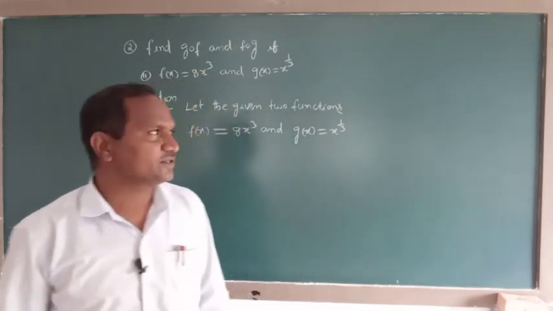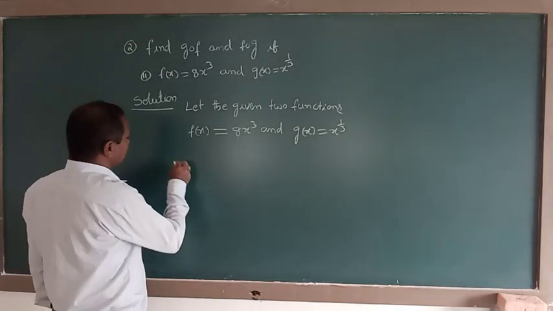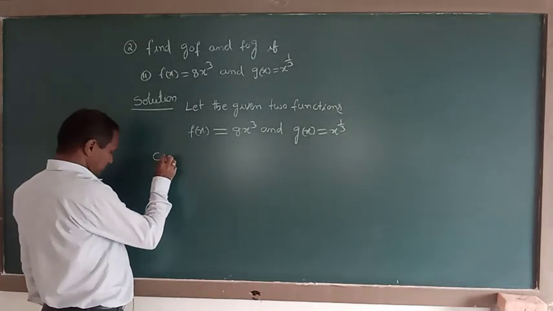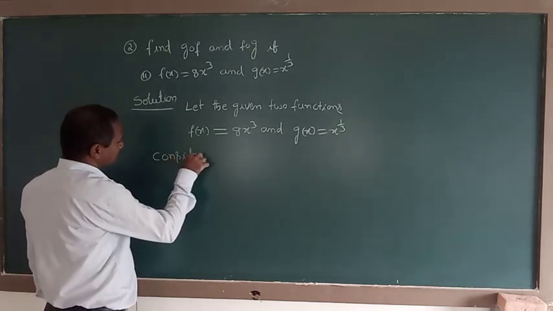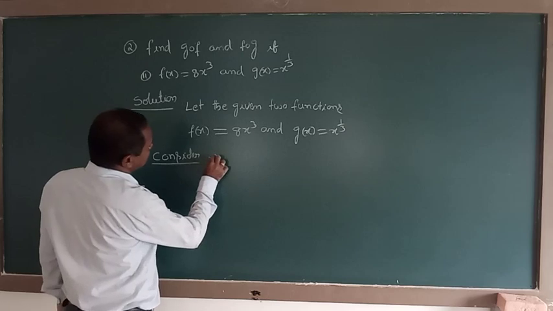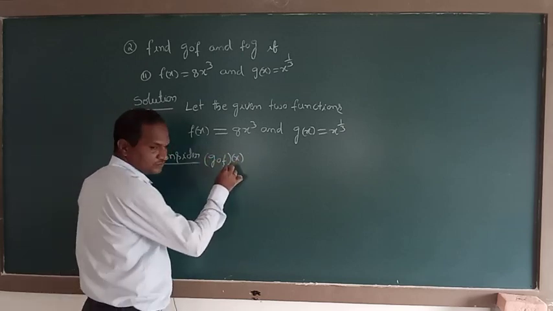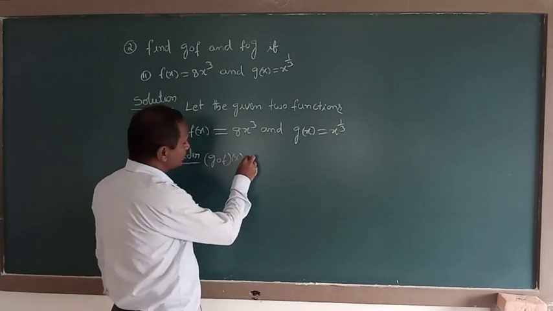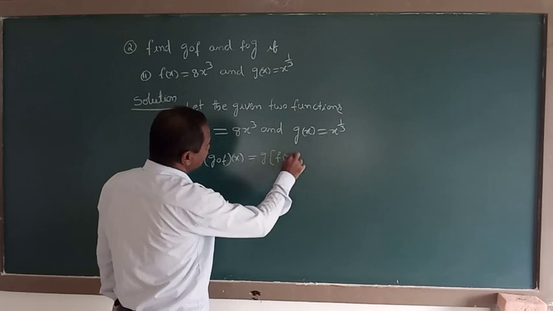Now the first question is g circle f. For that we consider g circle f of x equal to g of f of x.